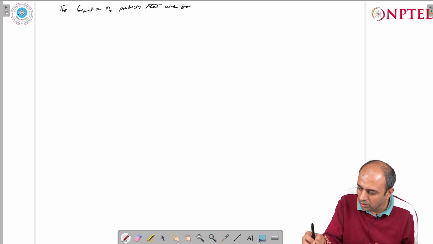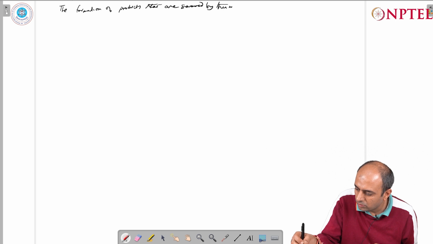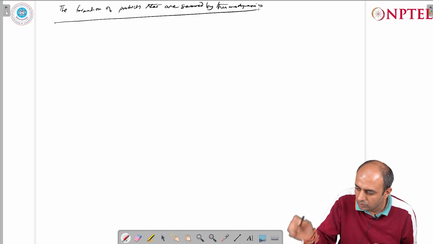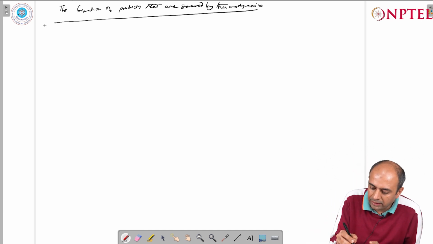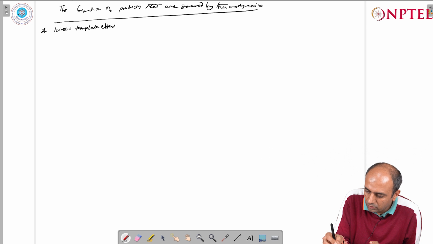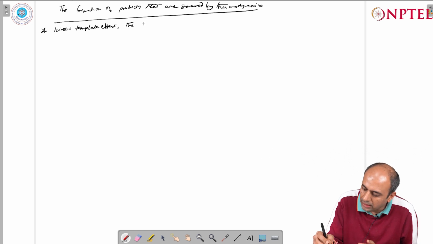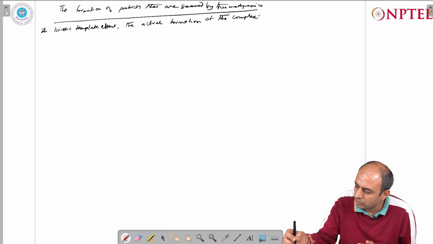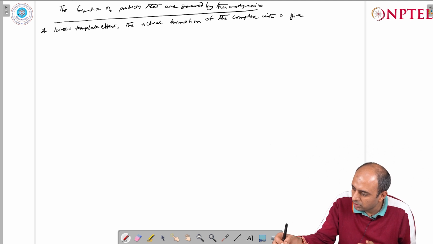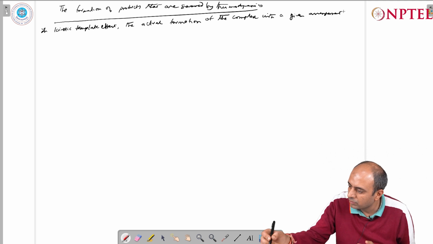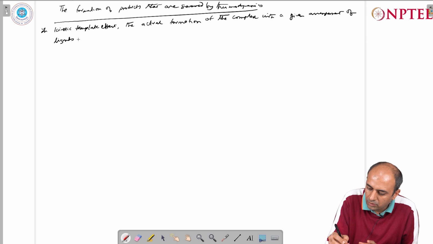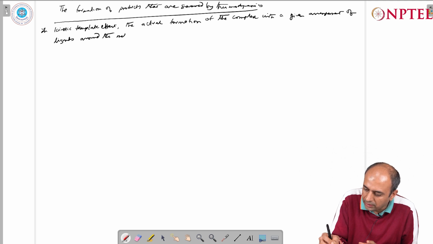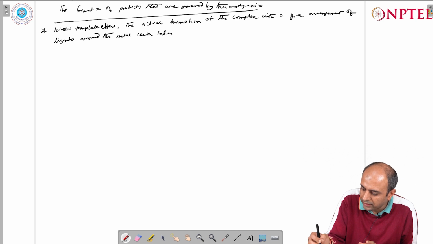So, we see that in a kinetic template effect, the actual formation of the complex with a given arrangement of ligands around the metal center takes place.